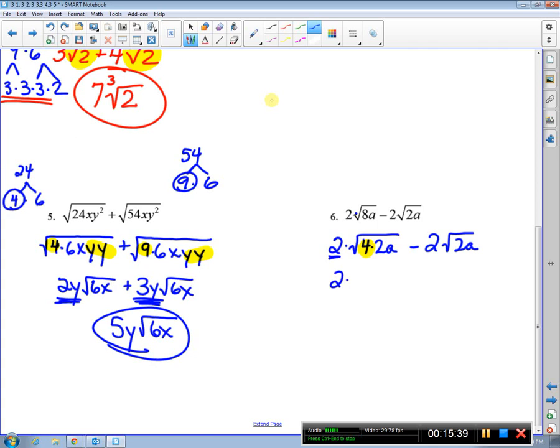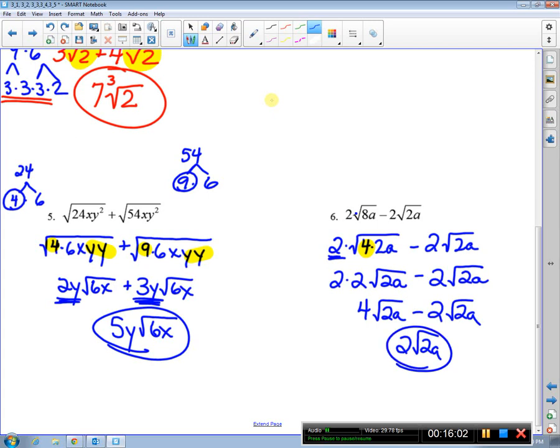So the original 2 is there. The 4 comes out as a 2, and I'm left with radical 2a. There's no change on this side. So we have 4 square root of 2a minus 2 square root of 2a, which equals 2 square root of 2a.